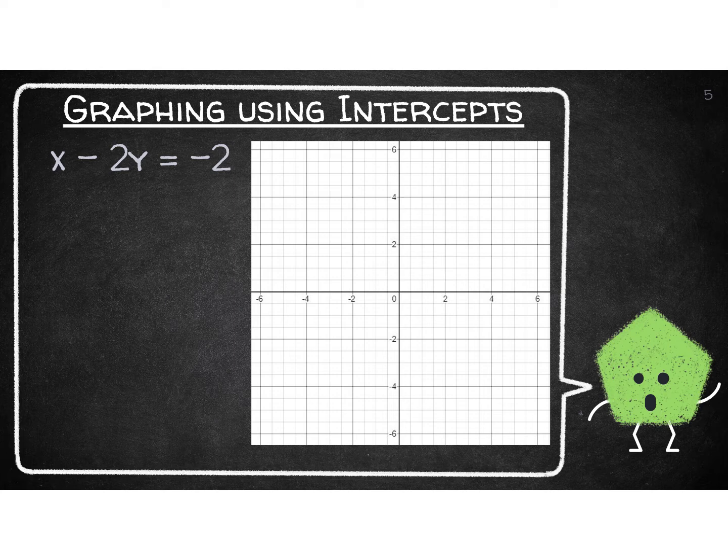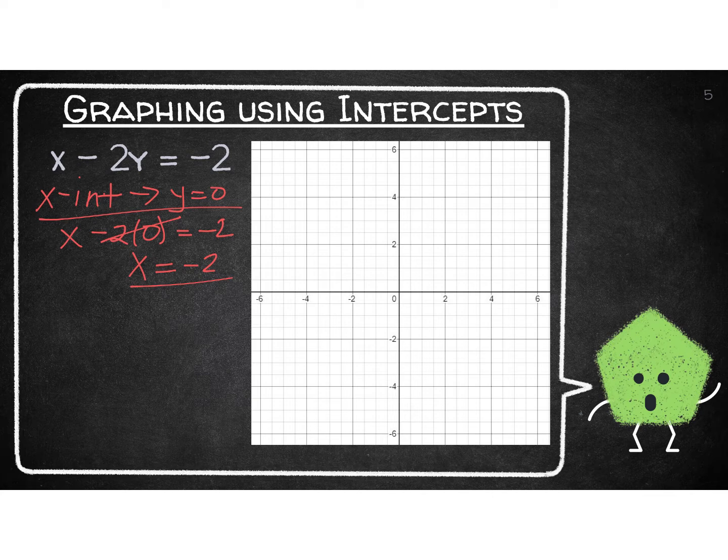Something that's nice about standard form is that once we find those intercepts, it's really, really quick to graph. So let's find our intercepts real quick on this one and then graph them. So if I'm finding my x-intercept, that means I'm going to set 0 in for my y, giving me x minus 2 times 0 equals negative 2, leaving me with x equals negative 2.